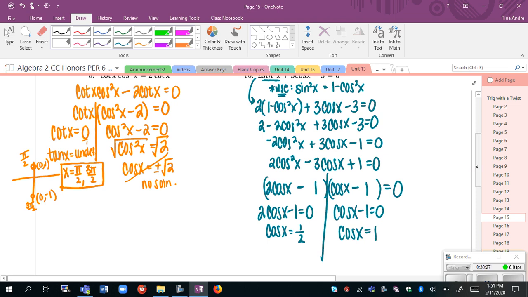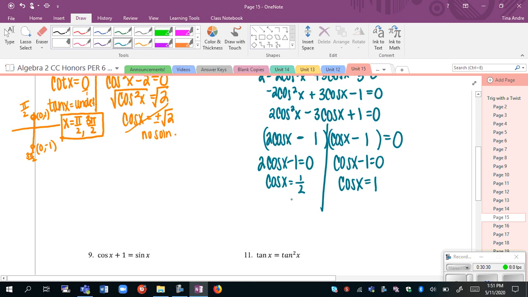And then for this, cosine of x equals 1/2, you're looking at where cosine is positive. So first and fourth quadrant. Adjacent over hypotenuse, so we're looking at our 30, 60, 90 right triangle. We're looking at a 60-degree angle this time, or a reference angle of pi over 3 radians.